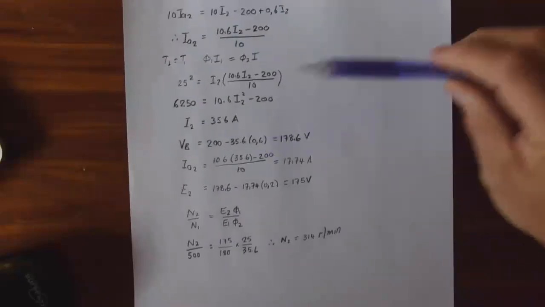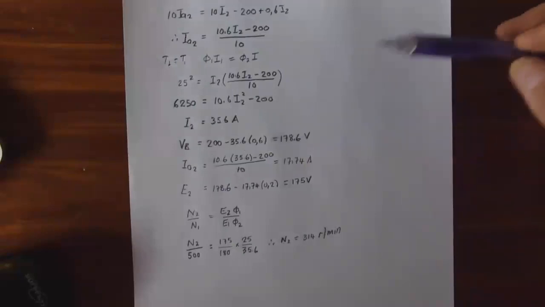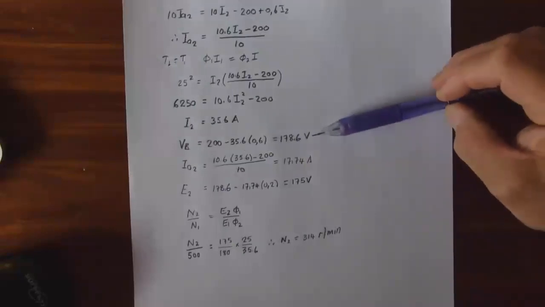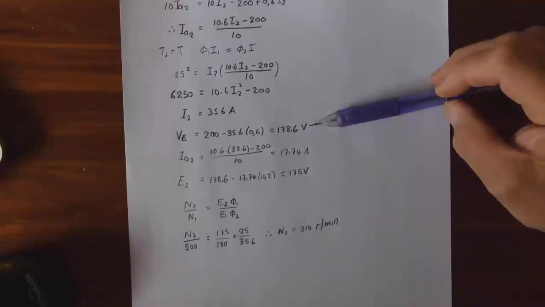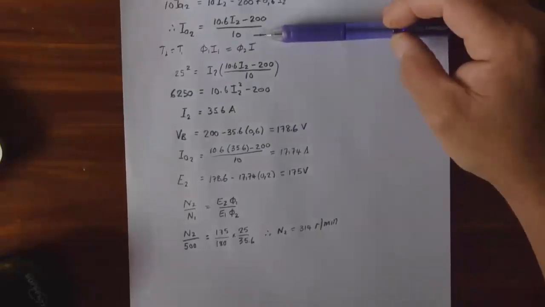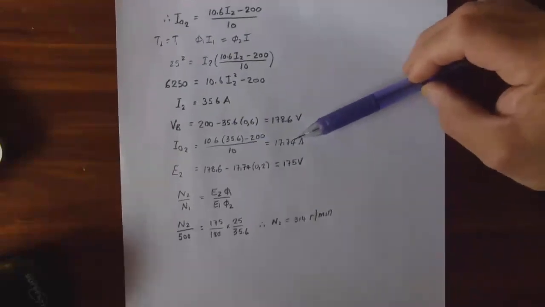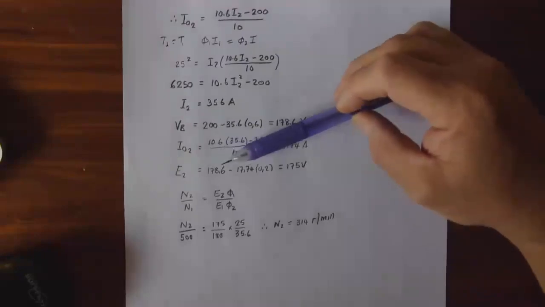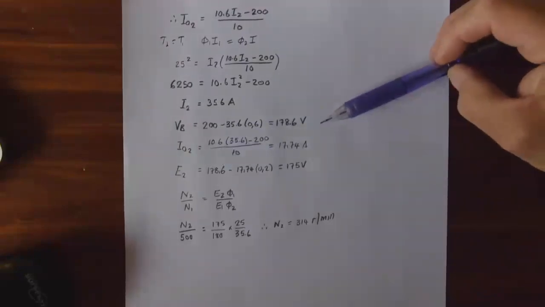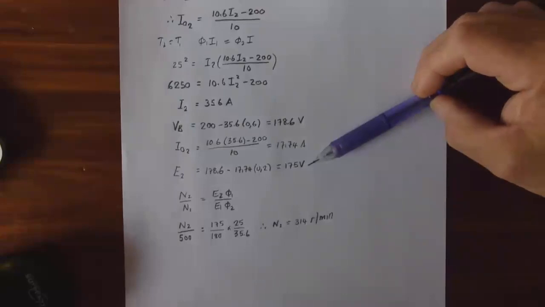So VB is 200 minus 35.6 times 0.6, that gives us 178.6 volts. So if we substitute it back into that equation, we find that IA2 is 17.74. Therefore, E2 is 178.6 minus 17.74 times 0.2, which gives us 175 volts.